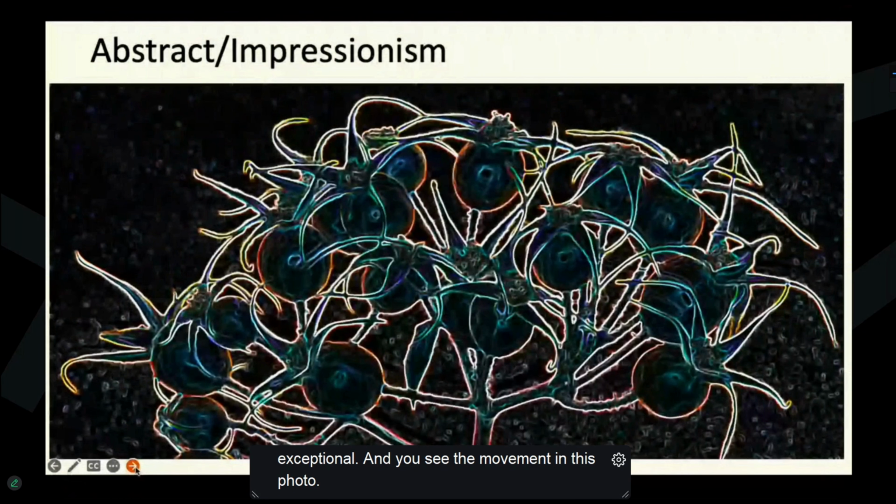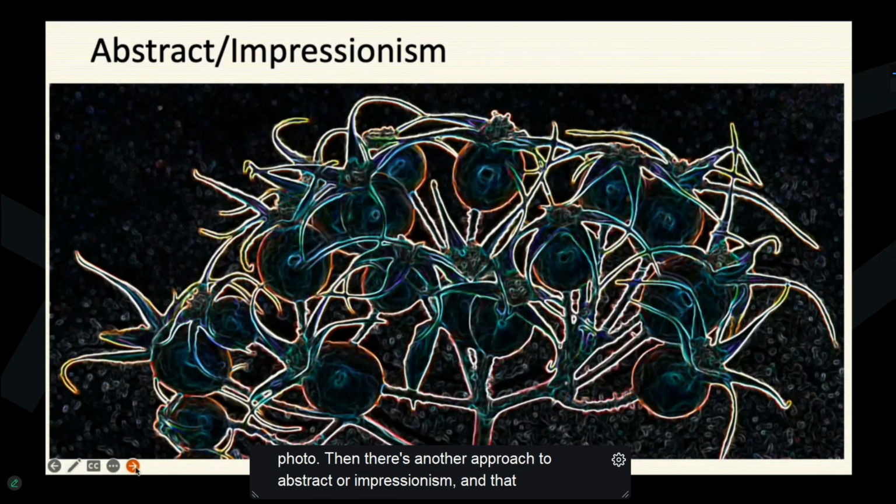Then there's another approach to abstract or impressionism, and you can do this on any of your photos. There are several ways to Photoshop, if you will. I use that as a generic term.